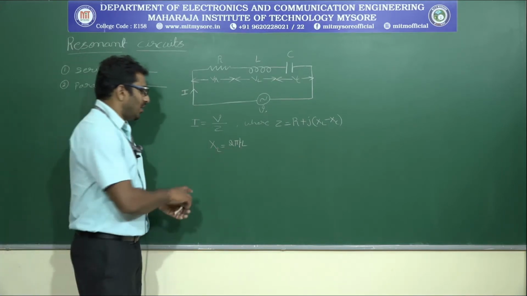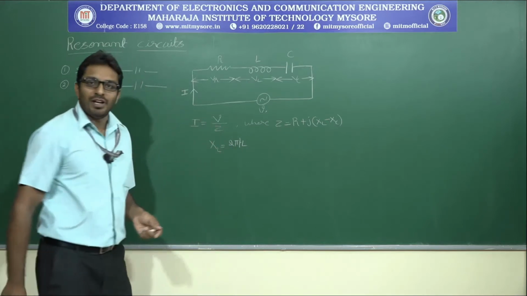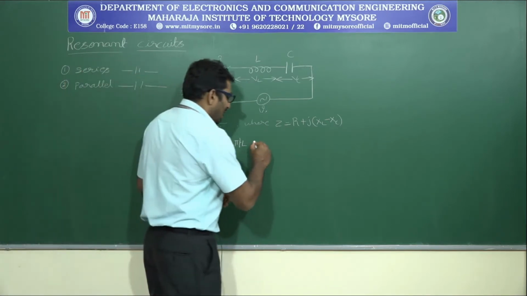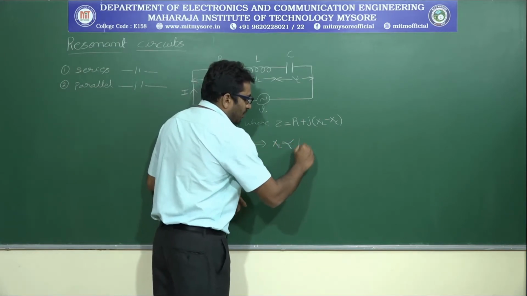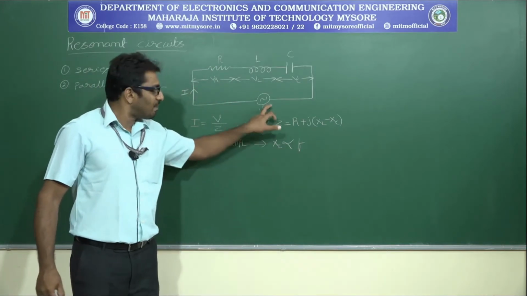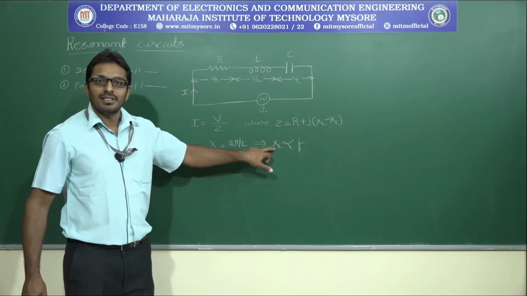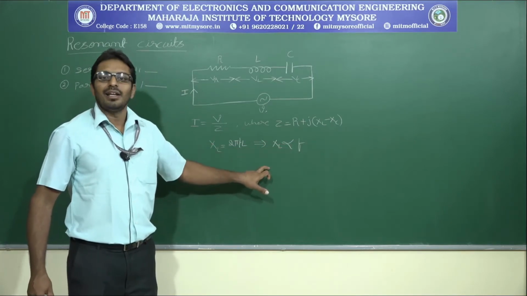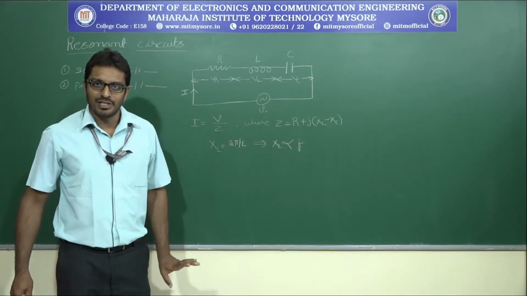By seeing this equation, the inductive reactance is directly proportional to frequency. Is it clear? Therefore, when the frequency of supply increases, inductive reactance also increases, because these two are directly proportional.